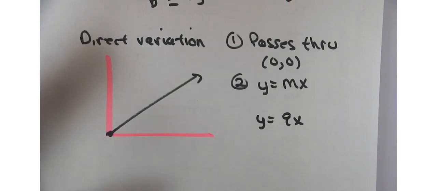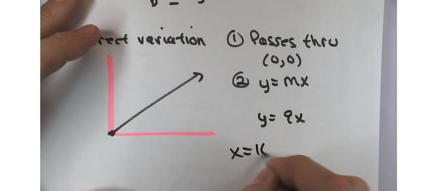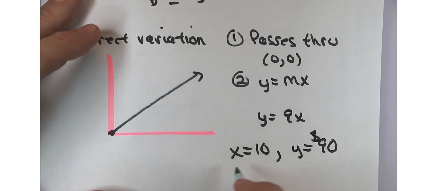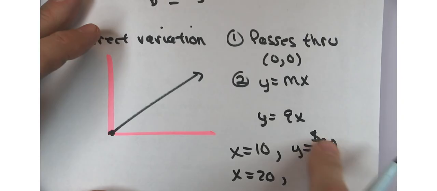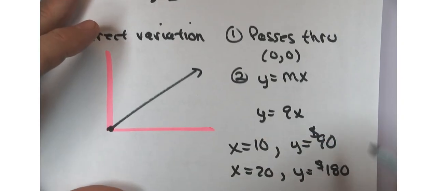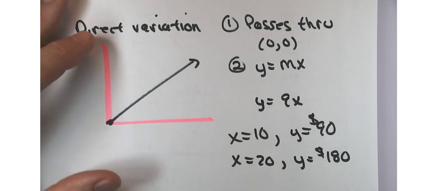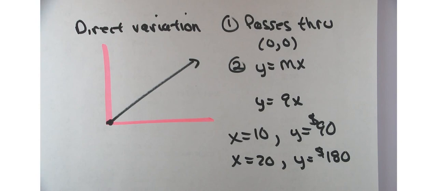So if you order x equal 10 pizzas, then y costs you $90. But if you order x equal 20 pizzas, how much is y going to cost you now? $180. So when you double the input, you double the output. So that's another characteristic of direct variation.